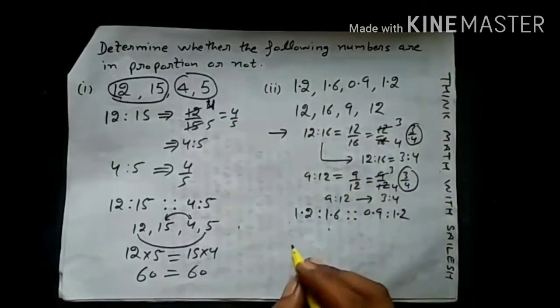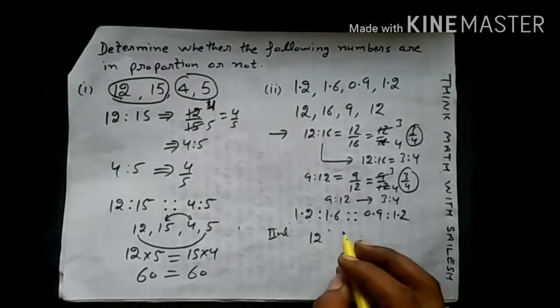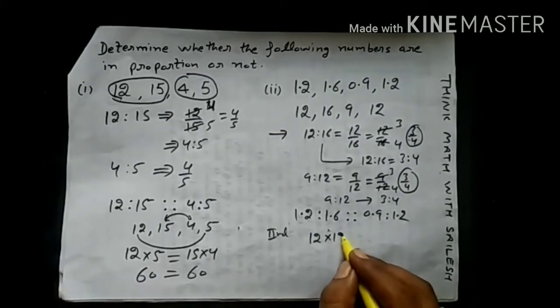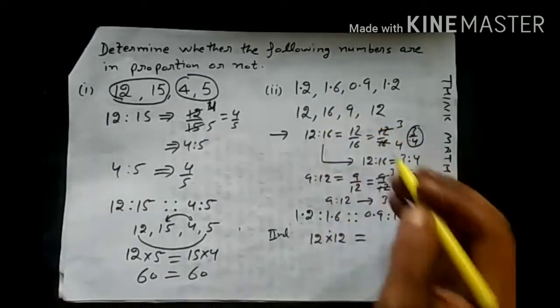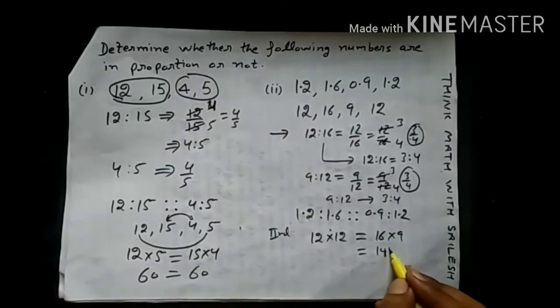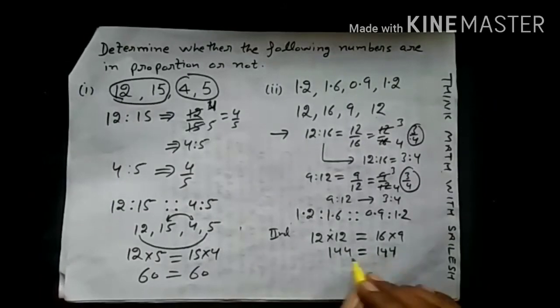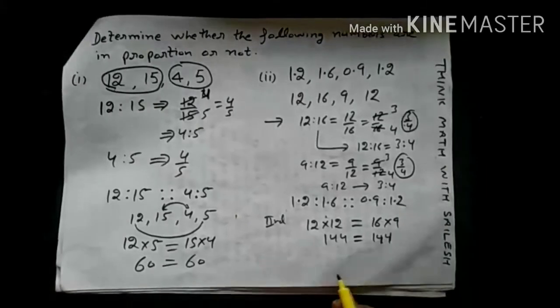Now you can see, if we adopt the second method, where we multiply the extremes 12 and 12 and multiply the means 16 by 9, 16 multiply 9 we get 144 and 12 multiply 12 is also 144, students. So the answers are same.